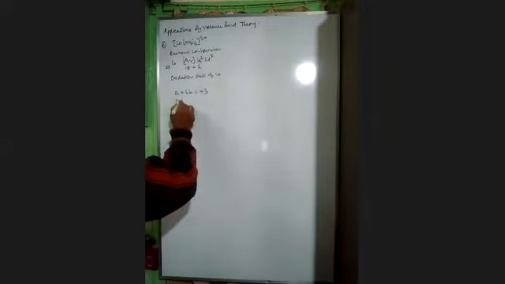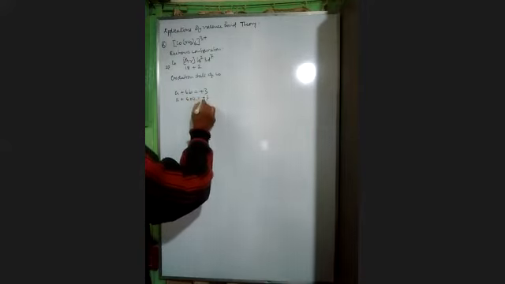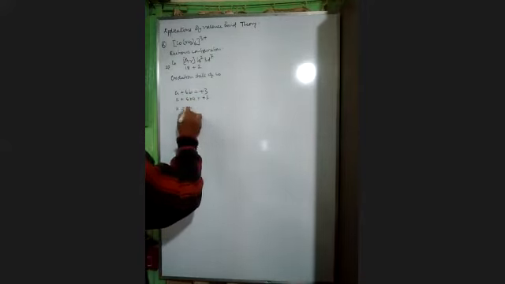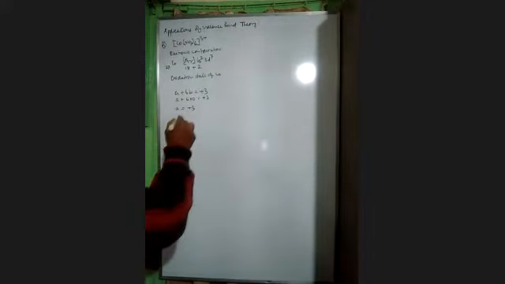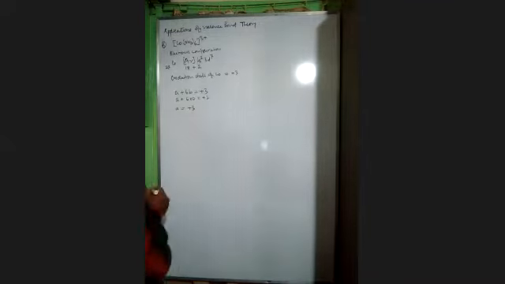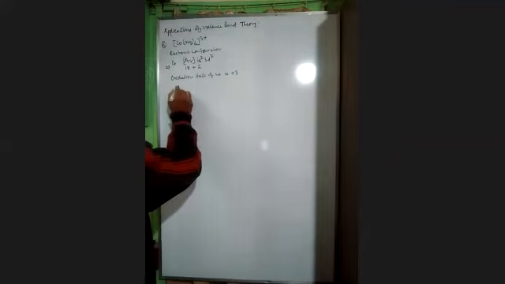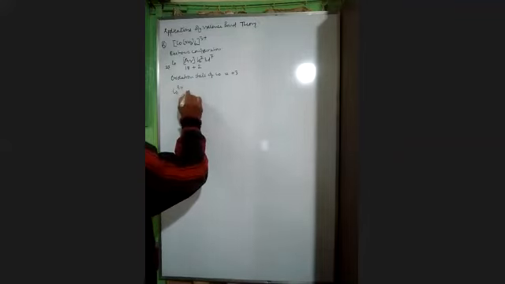We know ammonia is a neutral ligand, so 6 into 0 is 0, and the charge is plus 3. So A is equal to plus 3. What do you find? The oxidation state of cobalt here is plus 3, which means cobalt exists as cobalt 3 plus.